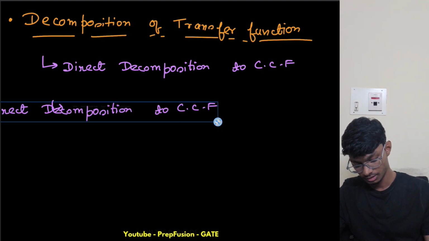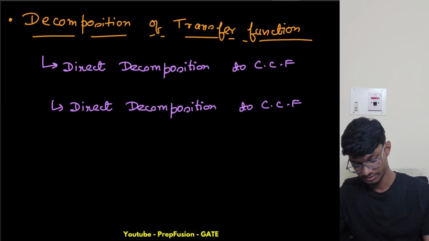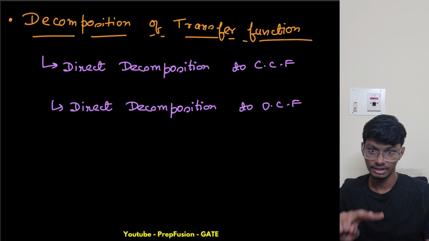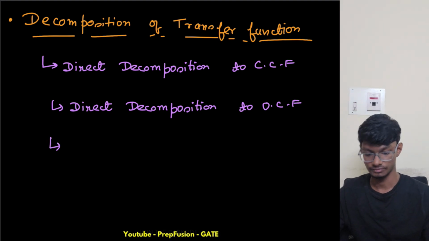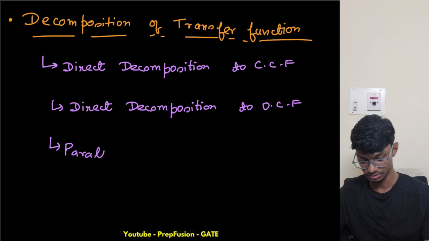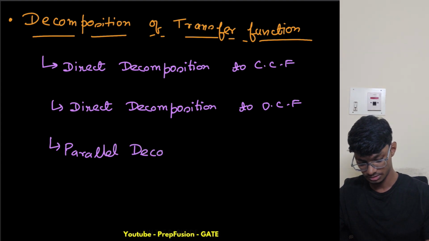How? I will show you. And we directly decompose the transfer function to OCF. And there are two other decompositions of the transfer function. One is parallel decomposition, and another one is cascade.